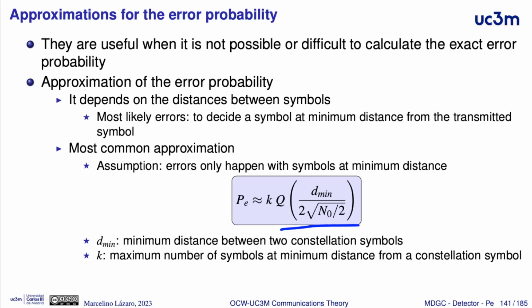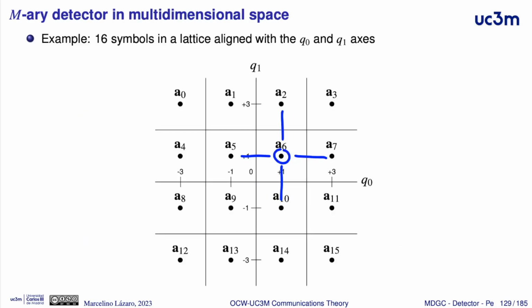Q of half of the minimum distance divided by the square root of N0 over 2 is analyzing the probability of having an error with a symbol at minimum distance, and the factor k takes into account that a given symbol, for instance A6 in this constellation, can have several symbols at minimum distance. In this case, A6 has 4 symbols at minimum distance, and k is the maximum number of symbols at minimum distance of another one in the constellation.